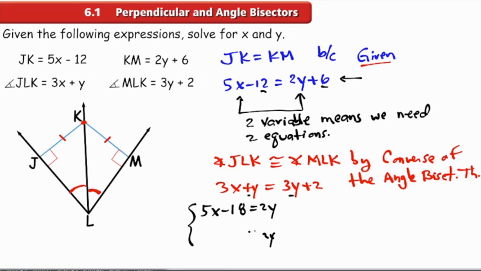And then I'll subtract 2 from both sides and get 3x minus 2. And notice that both equations are equal to 2y. So if all of this is 2y, I can plug it into the other 2y using substitution. And we can solve for x.